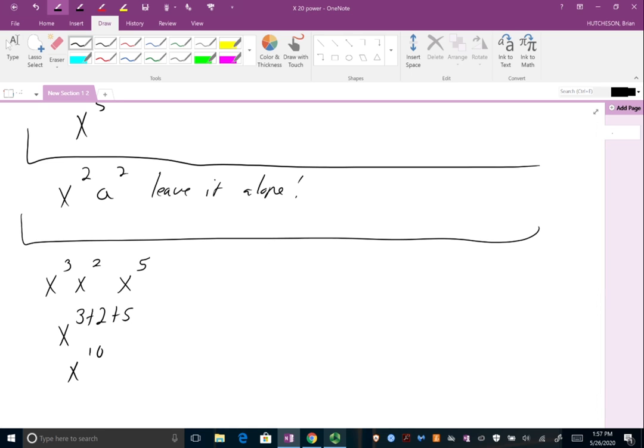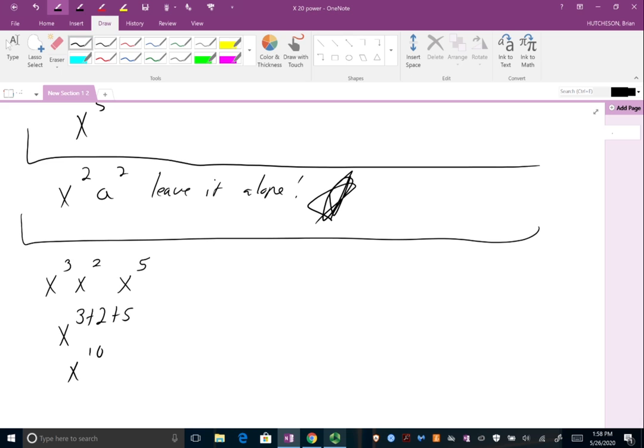So the product rule is really based off of adding my powers. Don't let them mess with you. They try to do something like this guy up here. Ducks and chickens, don't mess with them. So this is called the product rule.